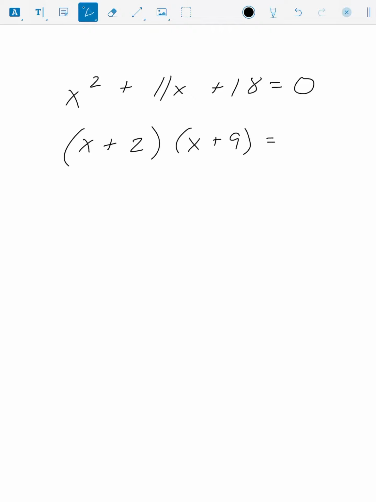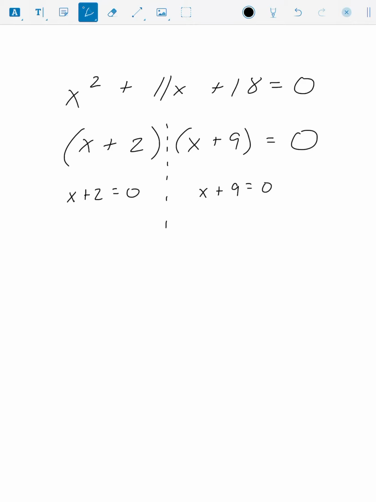And finding your zero, or your zeros, you set your equation equal to 0. Now, if I was to solve for 0, I have x plus 2 equals 0 and x plus 9 equals 0. I am setting both binomials equal to 0 and solving for x.